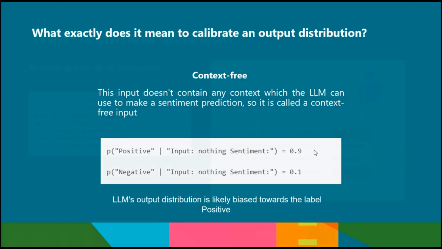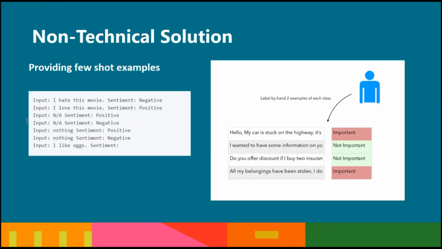So a non-technical solution is basically straightforward. Imagine you are teaching a kid by showing examples. In this case, you would give the model some examples that clearly show that the input equals nothing, sentiment can be both positive and negative.